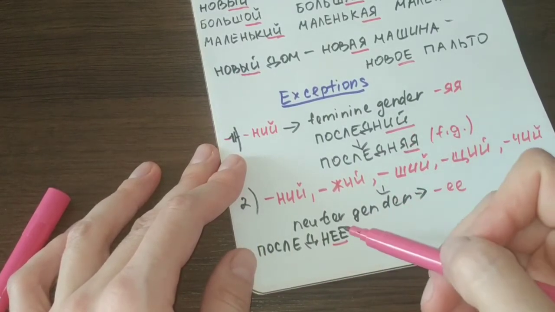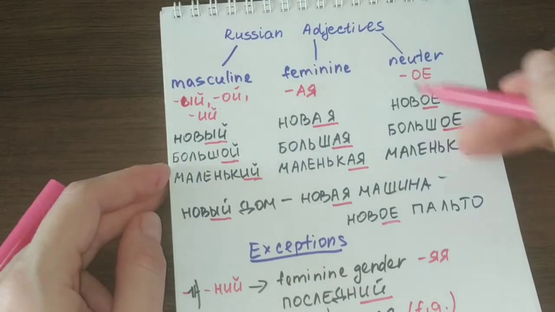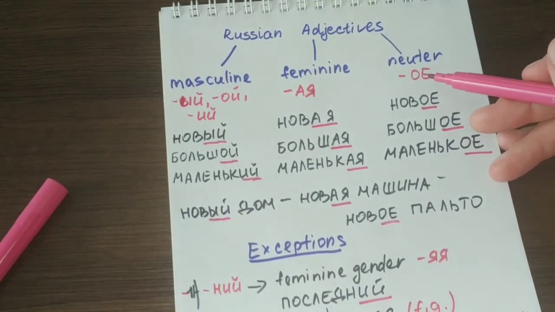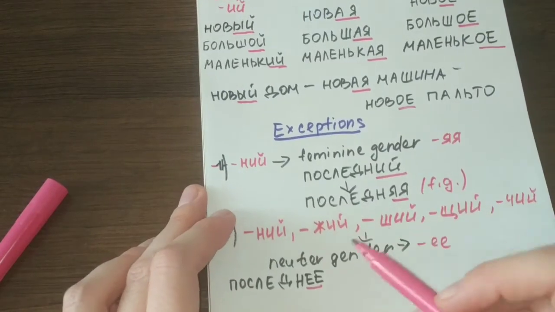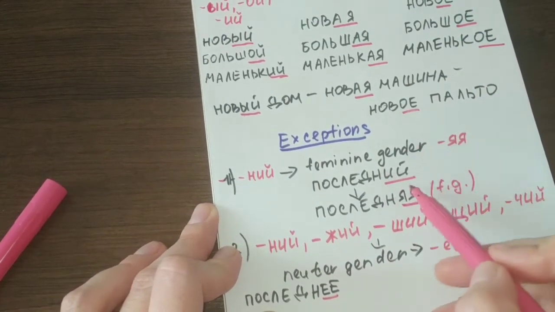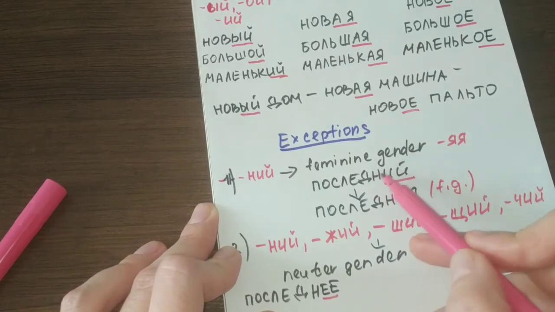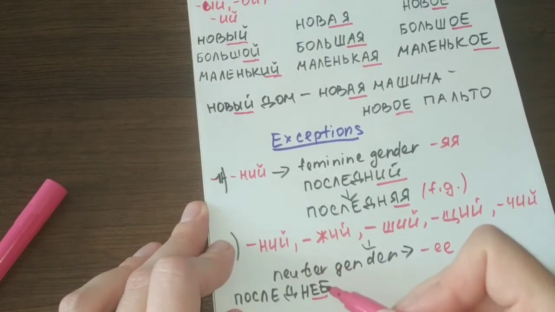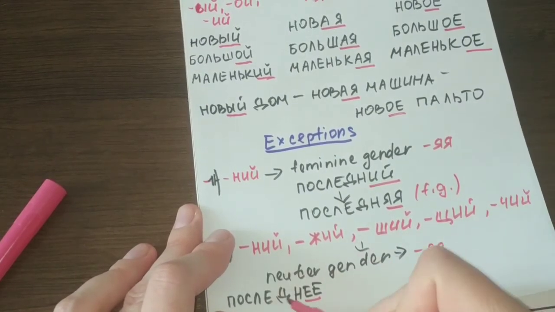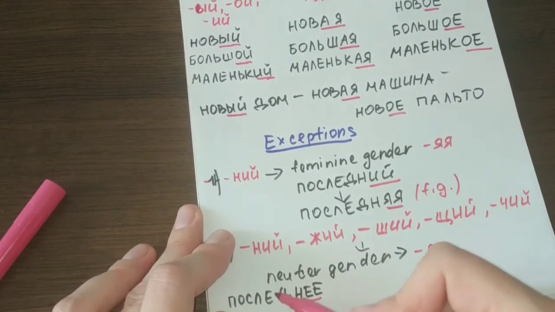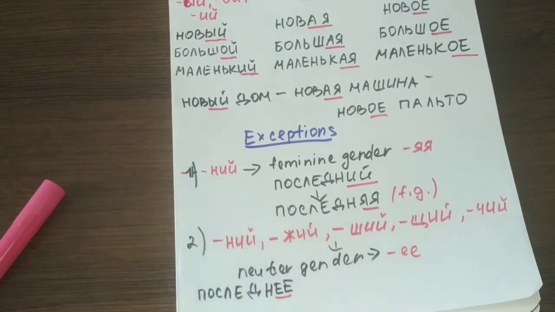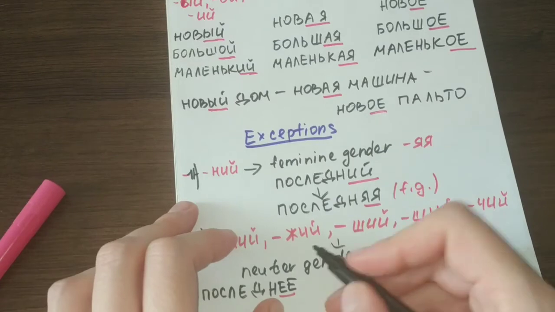So by the main rule, you had to be adding the oye ending, but it is an exception, and when the ee ending is preceded by n, the neuter gender is made by adding the ending ye. So последний, and in the neuter gender it will be последнее. Next, let's take a z ending.